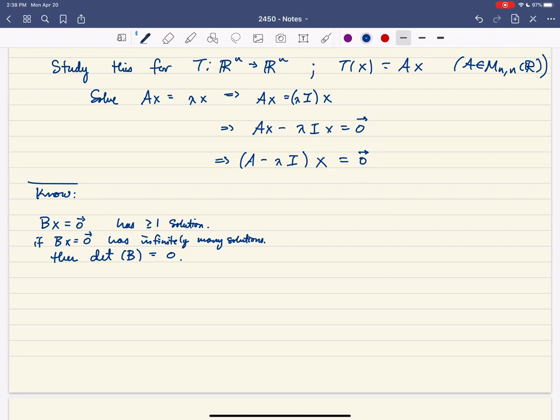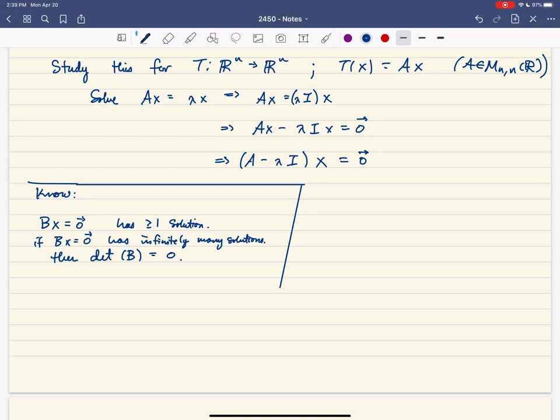So what that means for us, let's just put this off to the side here, is that we really want this (A minus lambda I) quantity to have determinant 0. Okay, and let's think about that.